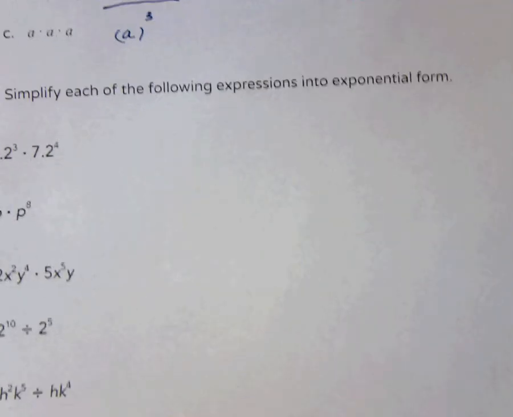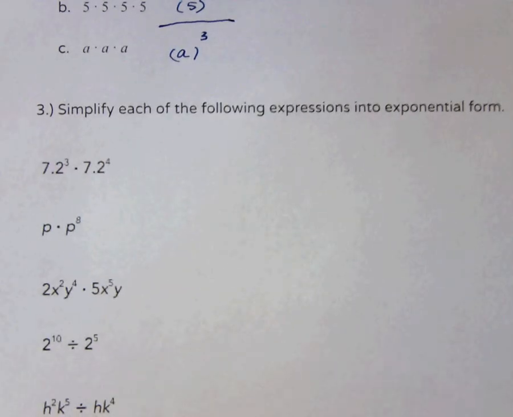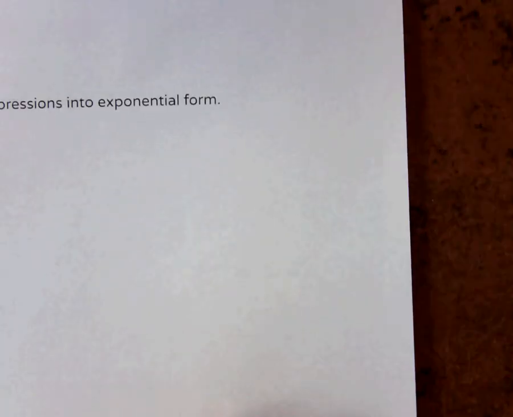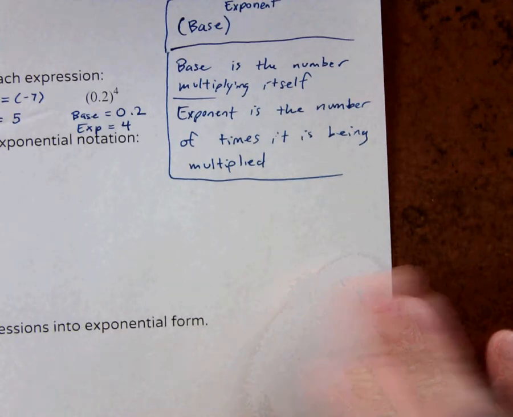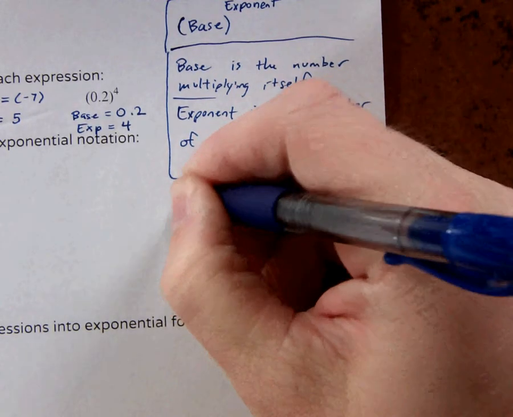Alright, so I'm going to use a couple facts to help simplify several questions here. It says simplify each of the following expressions into exponential form. Before I can do that, I need to go back and explain 2 rules. Rule 1 is called the product rule.